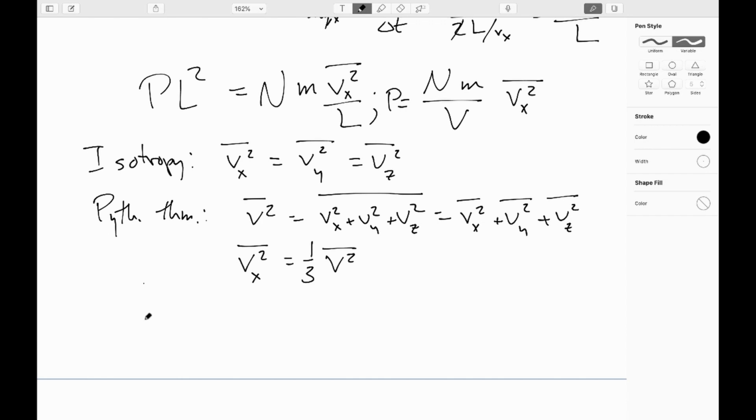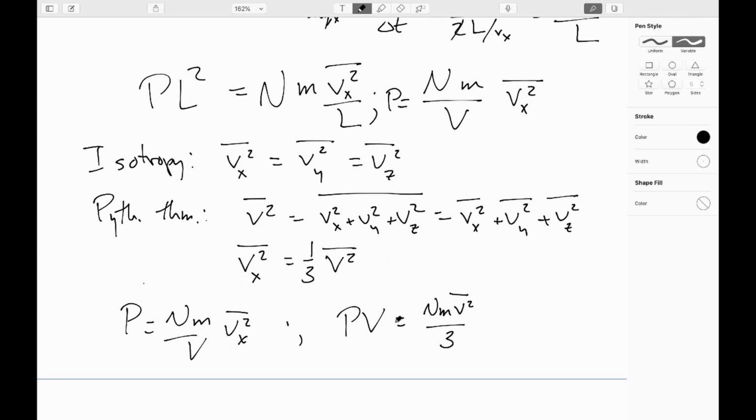So by P equals Nm over V times Vx squared, if I multiply this through by V, P times V is equal to Nm times V squared average over 3.